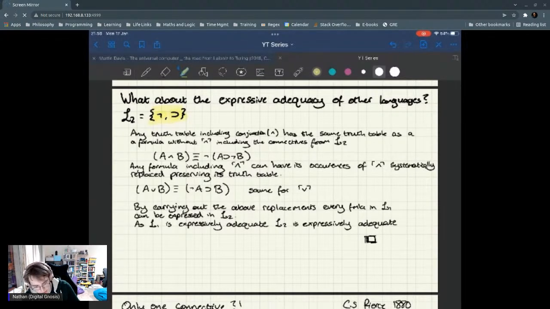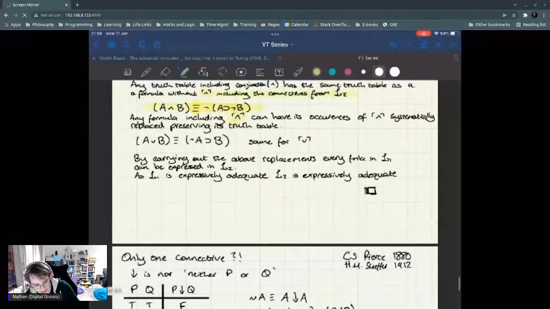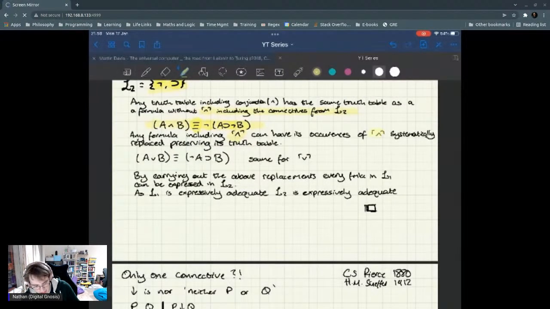So any truth table which includes conjunction has the same truth table as a formula without the conjunction connective, including only the connectives from this language, so not and the hook. So here's the following equality. A and B is the same as, that's a metalinguistic defining symbol, not A, then not B. Okay, so any formula, including the and symbol, can have its occurrences of and systematically replaced, preserving its truth table.